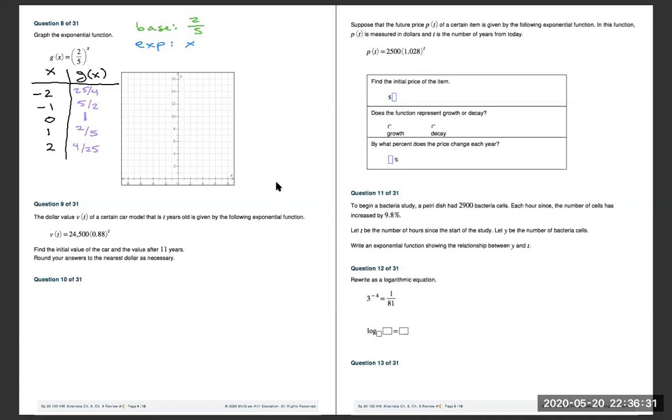If you're trying to evaluate 25 over 4, remember that's the same thing as 25 divided by 4. Okay, so it'll be 6.25.